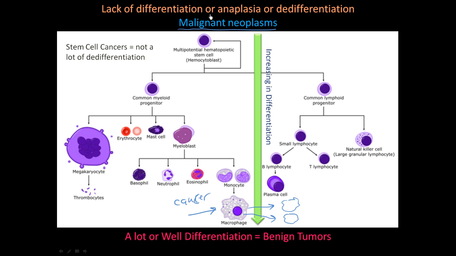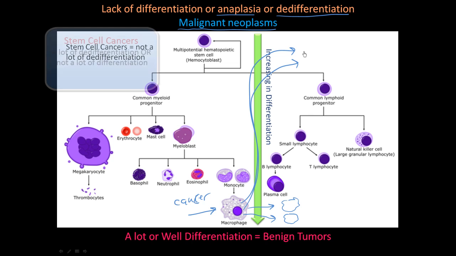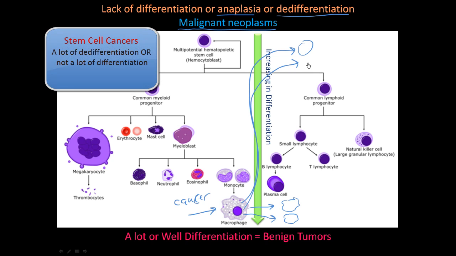So lack of differentiation, or anaplasia, or dedifferentiation, those terms all mean the same thing. So let's say this macrophage gives rise and divides, and it looks exactly like this hematopoietic stem cell.